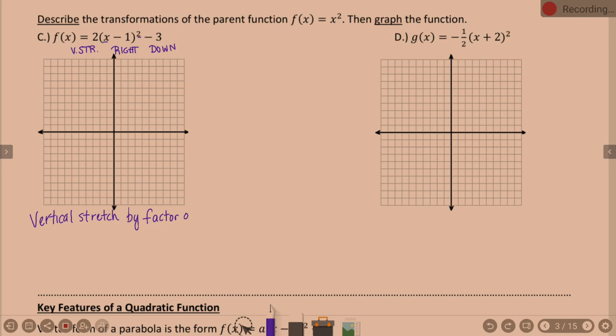That does matter. And what did we do? We also had to translate right 1 and down 3 units.